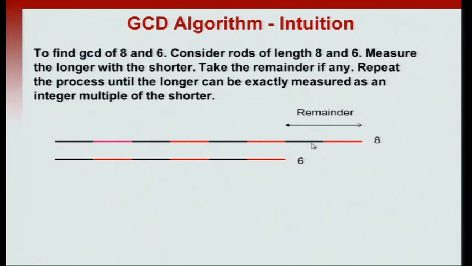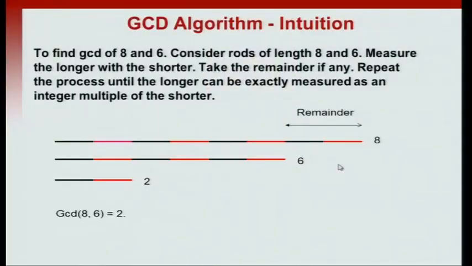So take that remainder, and now repeat the process. Now 2 has become the shorter rod and 6 has become the longer rod. Now see if 2 measures 6 exactly. It does. So you are done, and then you can say that 2 is the GCD of 8 and 6.